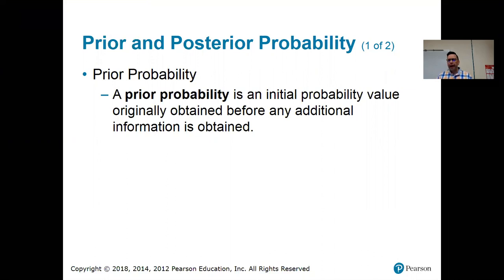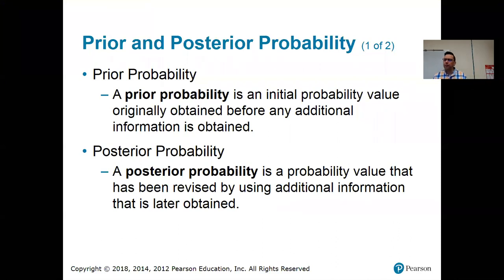As opposed to a posterior probability, that's a probability value that has been revised by using additional information. An example of that would be the probability that you have cancer given that you tested positive is 0.0748. That's an example of a posterior probability.